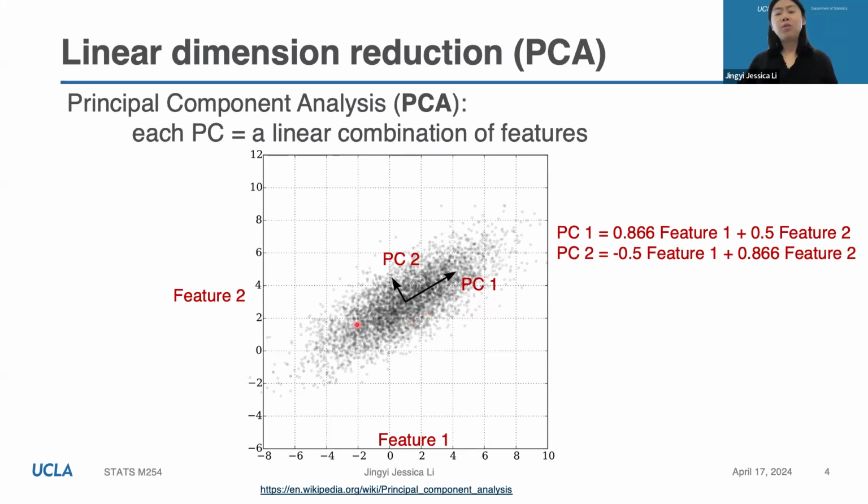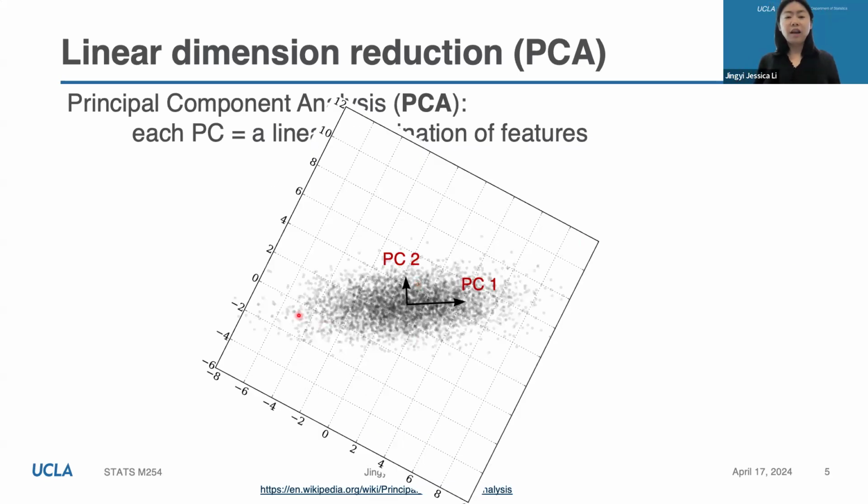So then I just work with my data projected to PC1. So basically, you just look at the data in the first PC in the horizontal way here, and you consider PC2 to be noise. If that's what you believe, then using PC1 only is considered as denoising. You are throwing away noise but keeping the signal. And also you reduce the dimension.